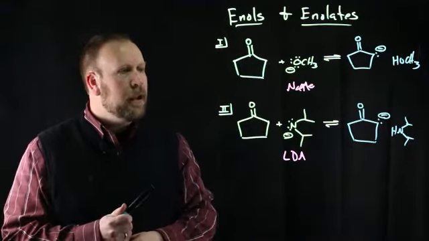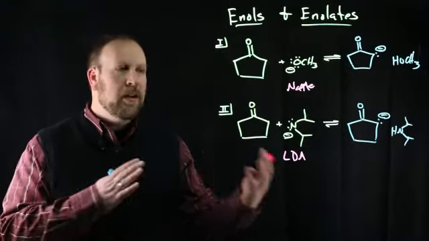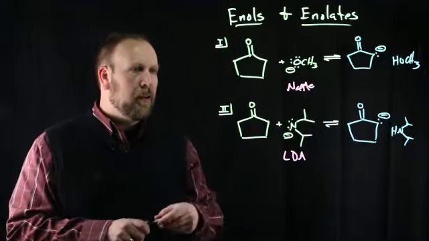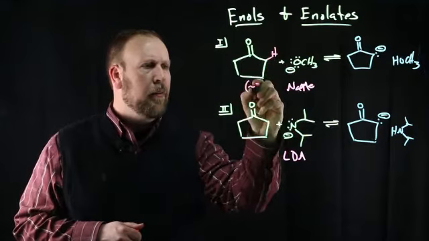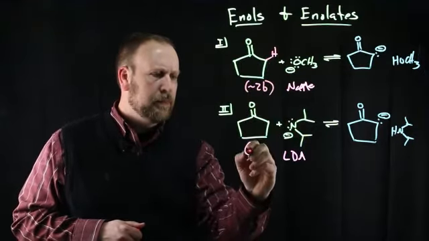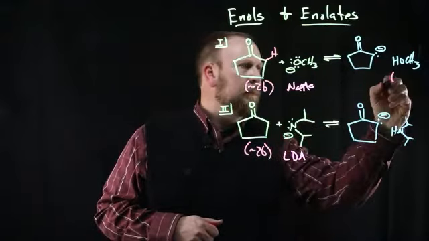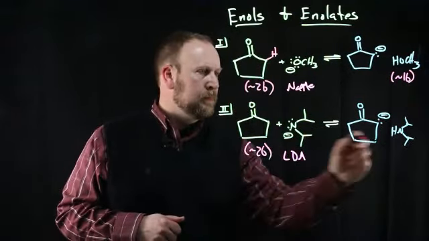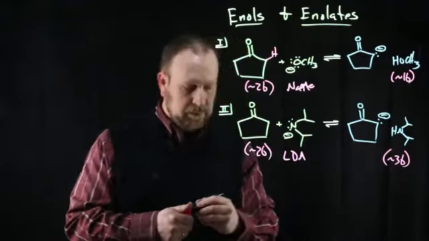And if we look at these, we can compare the pKa's of the different hydrogens to get an idea of which side of this equilibrium we're going to favor. So if we look at our cyclopentanone, these alpha hydrogens have a pKa of about 26. And if we look at our first example, methanol has a pKa of about 16. The amine has a pKa of about 36.